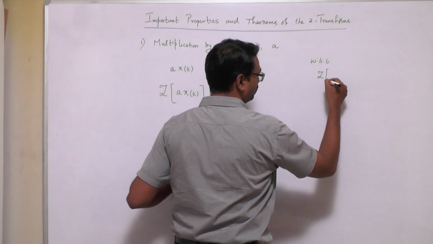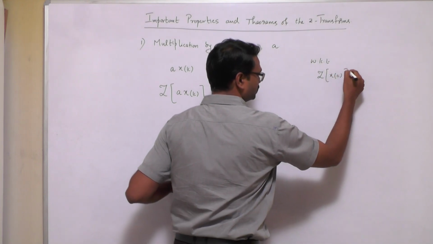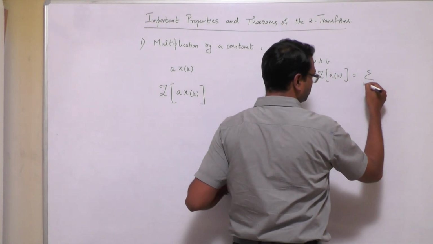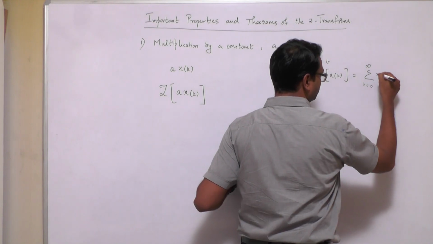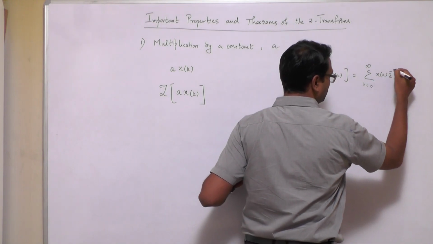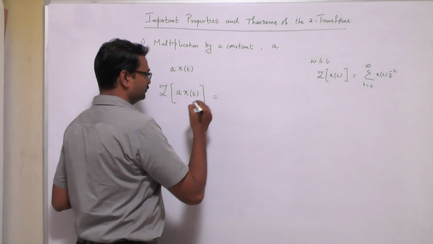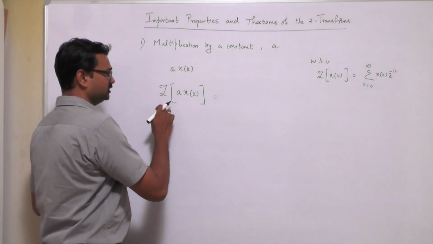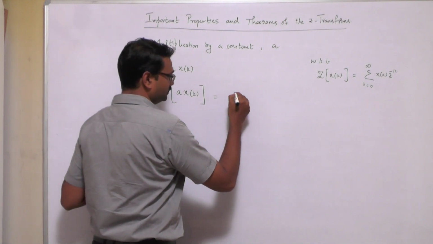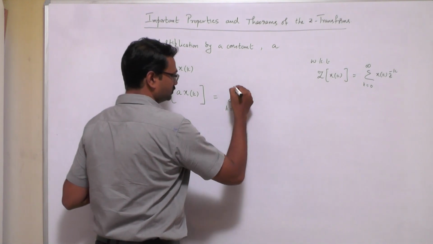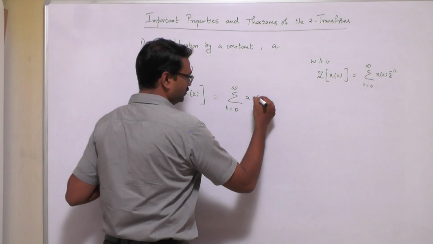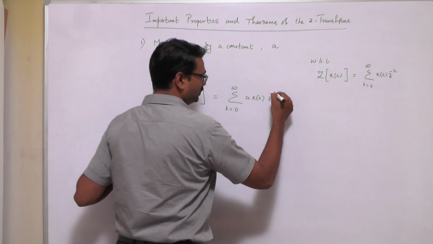We know that the Z transform of x of k or x of kT is equal to sigma k is from 0 to infinity x of k z power minus k. Now with this function, where a is a constant, the Z transform of a into x of k, you can write as sigma k is equal to 0 to infinity a into x of k z power minus k.